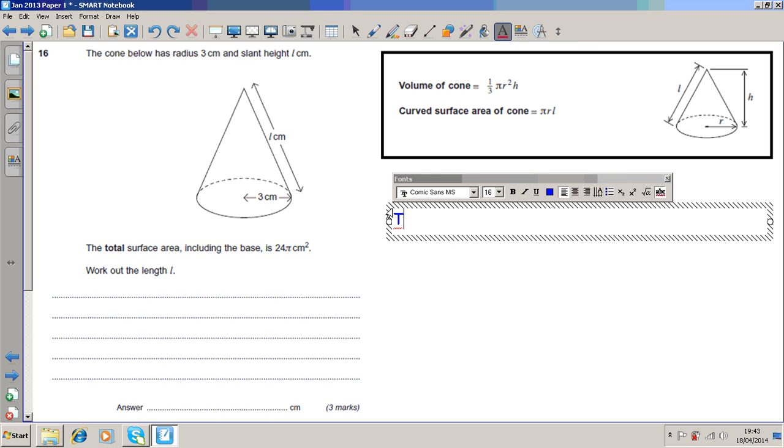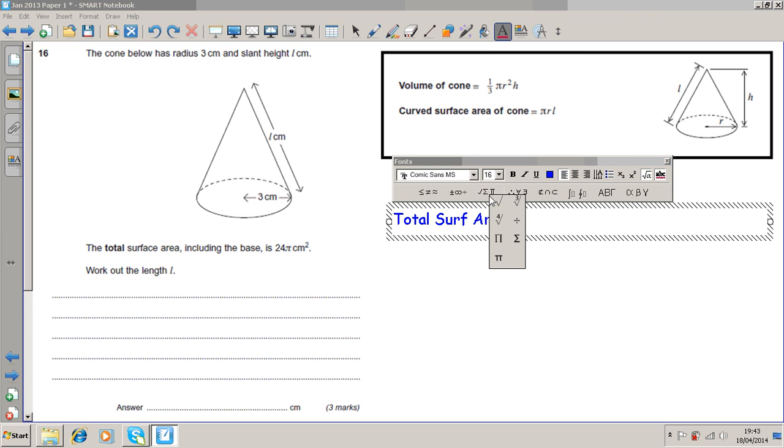So total surface area is equal to pi r squared, the area of the circle, plus the curved surface area, which is pi RL.